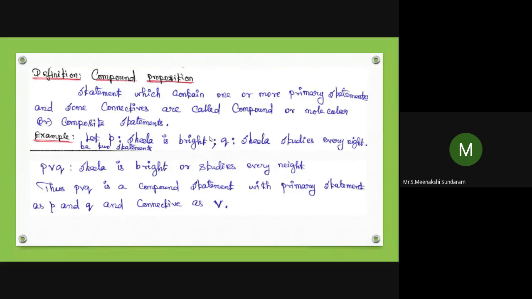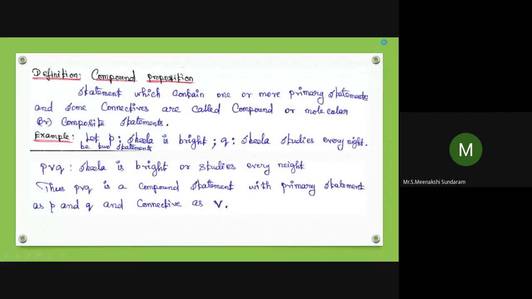With and, or if then, we could write: if Sheila is bright, that's why she is studying every night. So P disjunction Q is a compound statement with primary statements P and Q and the connective disjunction.